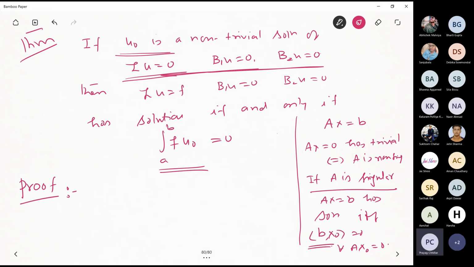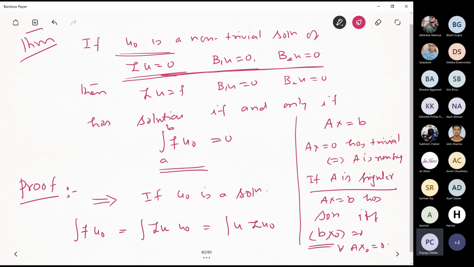I'll just tell you why this condition holds in one direction, which is easy. If u naught is a solution, then f times u naught, where f is nothing but Lu, times u naught. Since it is a self-adjoint equation, you can write this using integration by parts, and Lu naught is 0 because u naught is a non-trivial solution of the homogeneous equation.